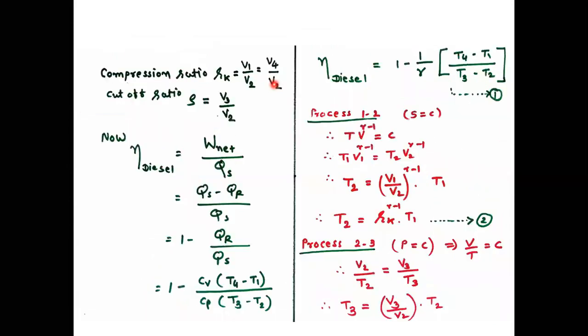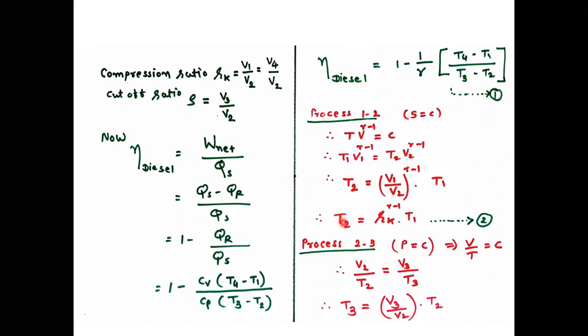So you can see here, from equation number 2, T2 is something into T1. Something means either it's the compression ratio or expansion ratio or a combination of compression and cutoff ratio.